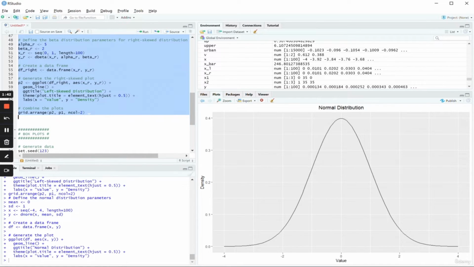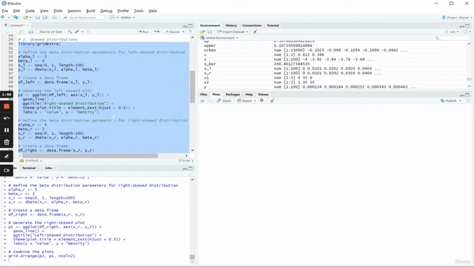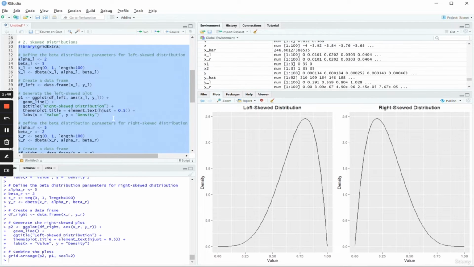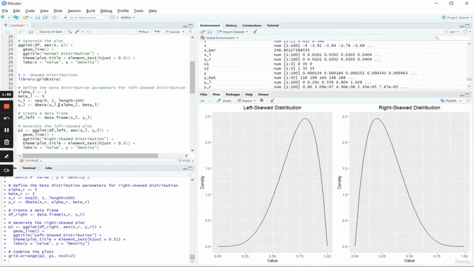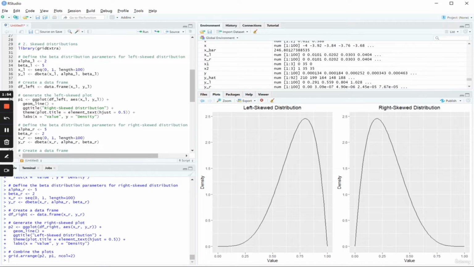On the other hand, I want to plot some skewed data sets. So let's go ahead and plot a left skewed and a right skewed data set. All of this code is going to do this for me. Instead of a normal distribution for the symmetric one, I'm using a beta distribution, which is a different type of distribution. As you can see, this one has a left skew because the tail is on the left side, and this one has a right skew because the tail is on the right side.